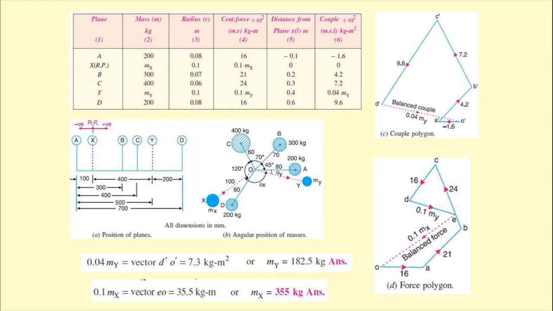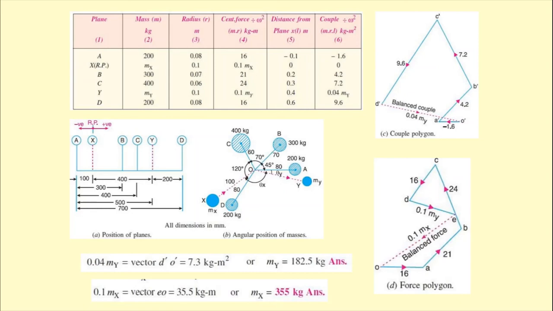Like that, for each and every value we are going to find out the individual values. An important thing to note is that mx and my, these two values, are unknown over here, so they are written as such. Now the distance from the reference plane, individual reference plane, which is also given in the numerical problem, is also converted into meter and written accordingly.